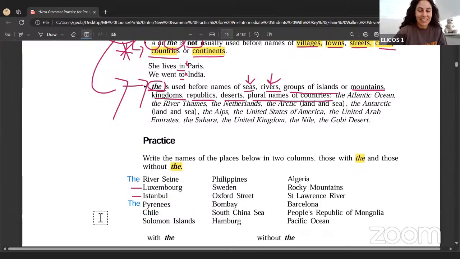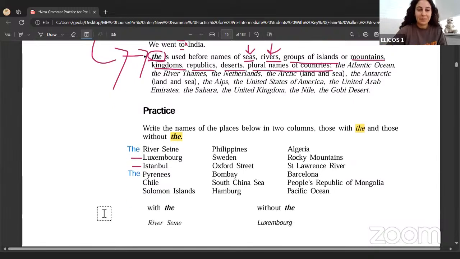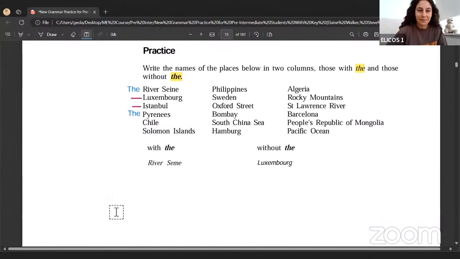Yeah, the Pyrenees. Yes, okay, thank you. So this is a mountain. So yes, we must put the.